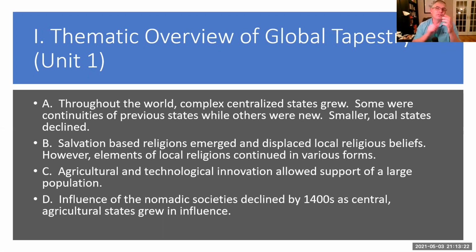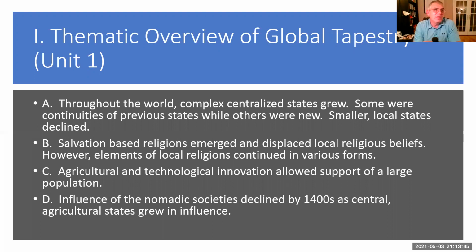Smaller local states, local kingdoms, local regional governments are in decline. Second, salvation-based religions emerge and displace local religious beliefs. So when we talk about salvation-based religions, we're talking about Christianity, Buddhism, Hinduism, Islam, Confucianism. They kind of get into this universal religions.